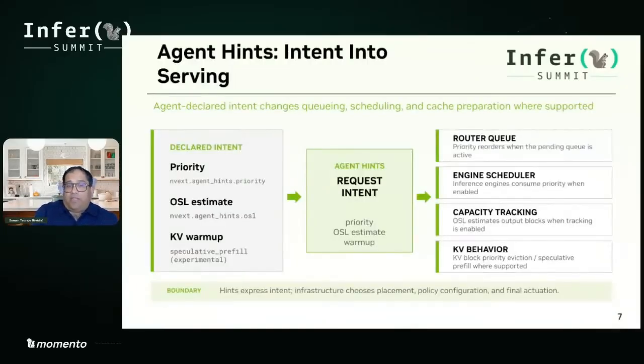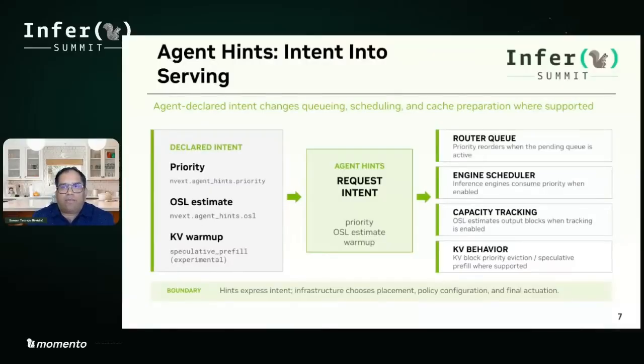The next thing to look into is that there is only so much that you can infer from the structure. We spoke about how there are gaps between tool calls, and there's this parent-child relationship between agents and sub-agents. But there are things that only the harness can know ahead of time.